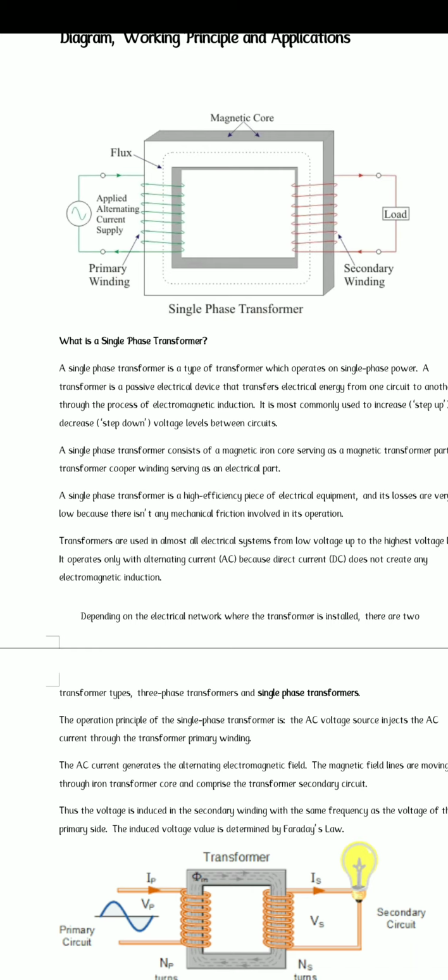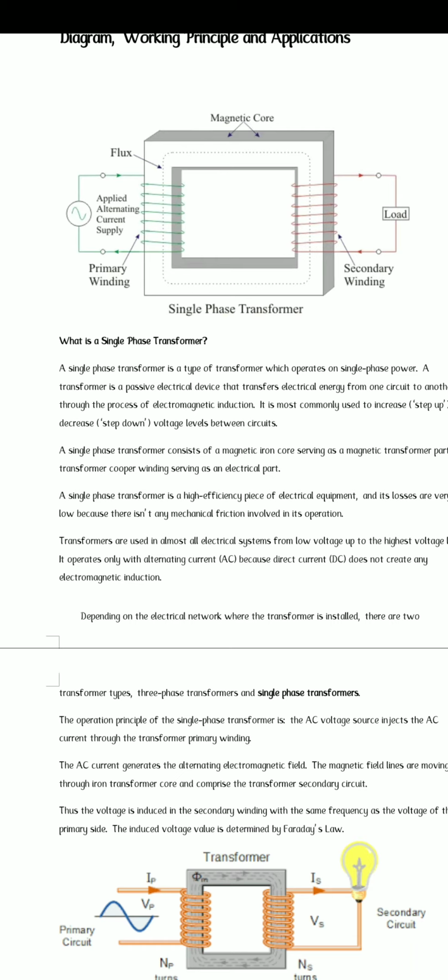First, alternating current is applied to the primary winding. The primary winding gets energized, so it produces some amount of EMF. That EMF is transferred to the insulated magnetic core. That core passes the flux from primary to secondary.